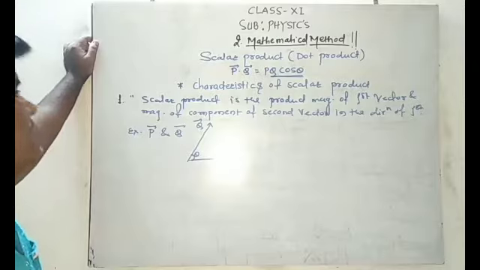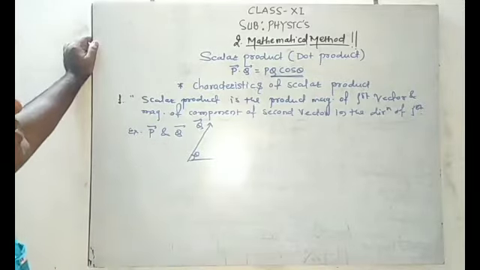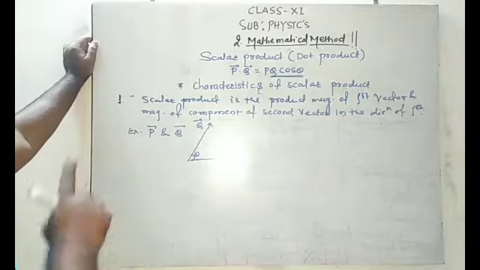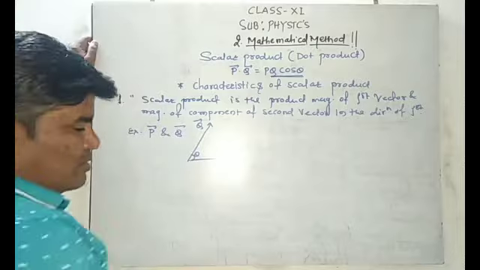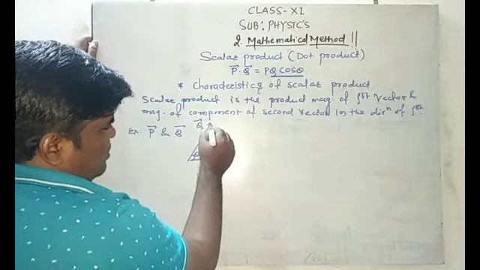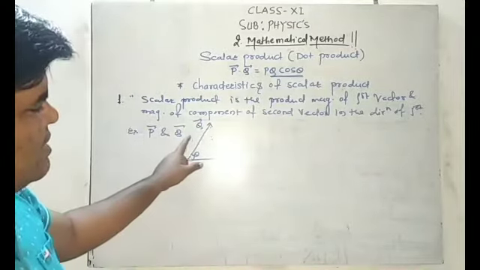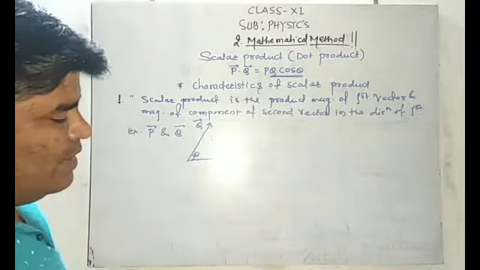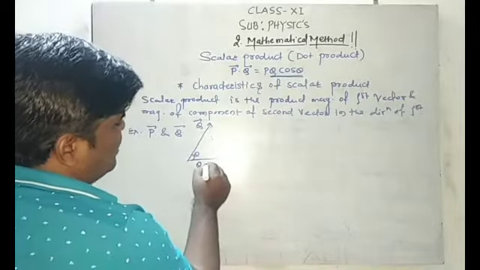Then what does the definition say? The scalar product is the product of the magnitude of the first vector and the magnitude of the component of the second vector in the direction of the first. So here this is Q bar, and its component along this direction is Q cos theta.